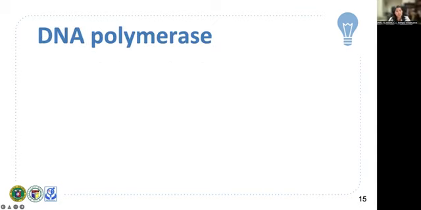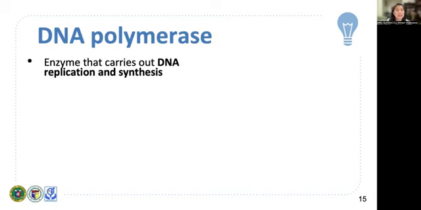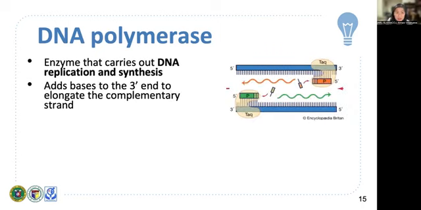Okay. Now we move on to your DNA polymerase. So what is DNA polymerase? Essentially, it's an enzyme that carries out DNA replication and synthesis. So what it does is that it adds bases or nucleic acids, so your A's, C's, T's, and G's, to the 3' end of your primer for it to be able to elongate the complementary strand.